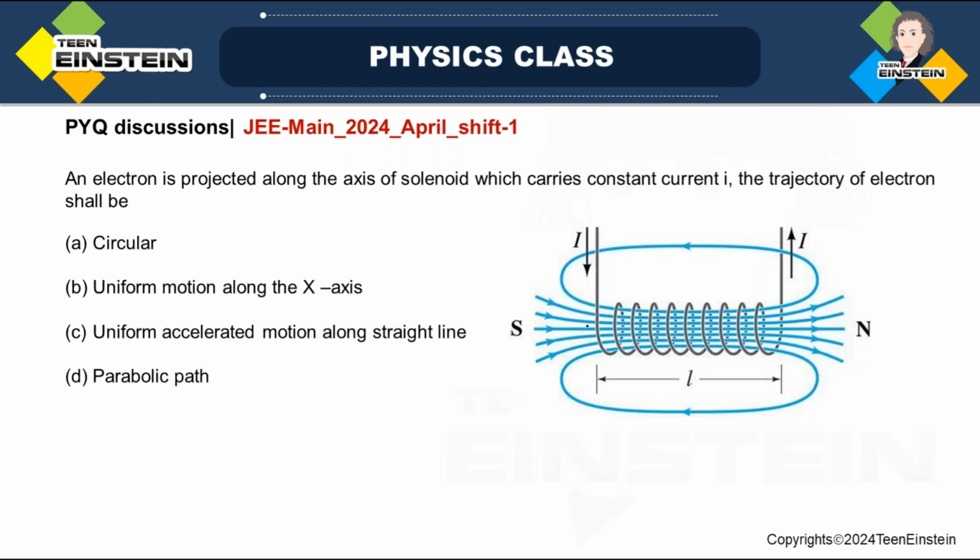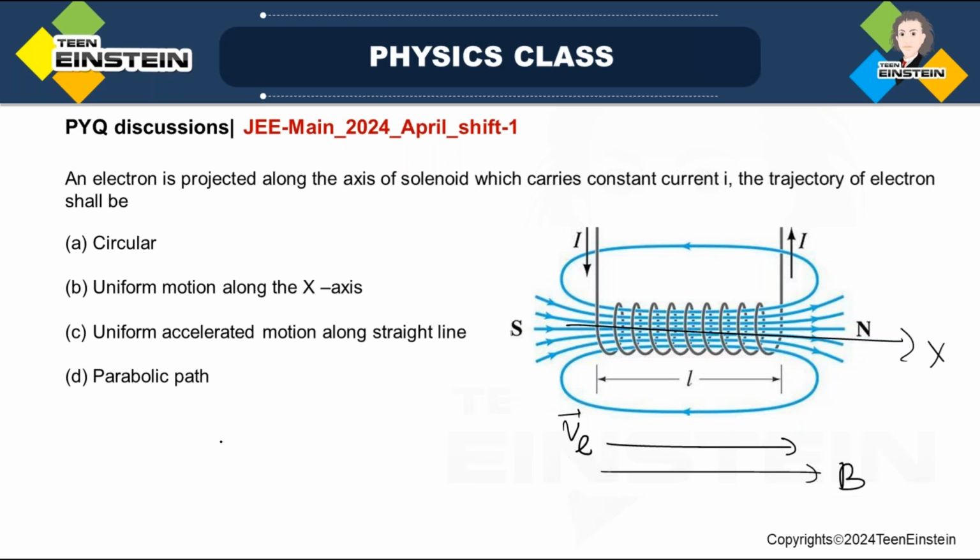Suppose the axis of the solenoid is the x-axis, which carries a constant current I. The trajectory of the electron shall be? See, an electron is projected along the axis. That means the electron will have its velocity along the direction of the magnetic field itself, as the magnetic field direction is along the axis.